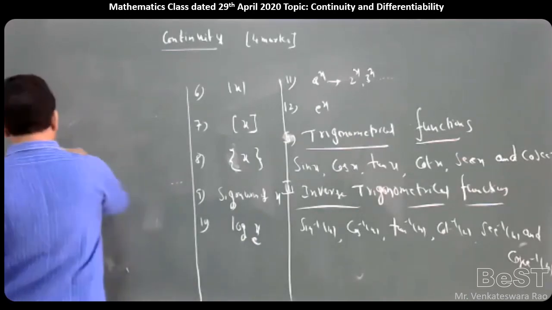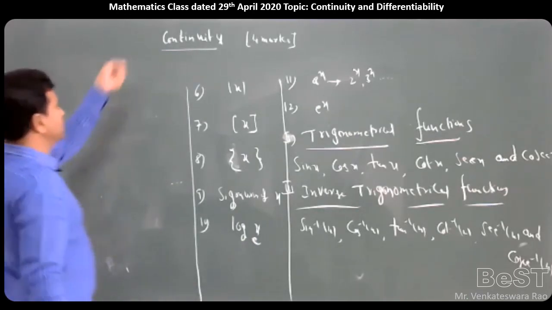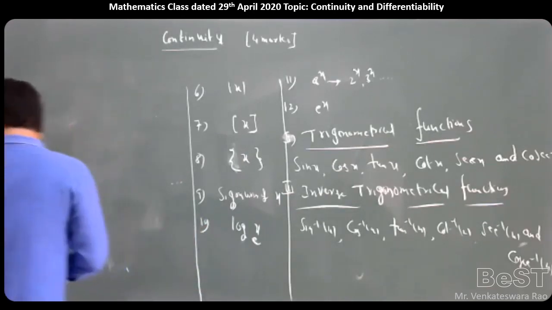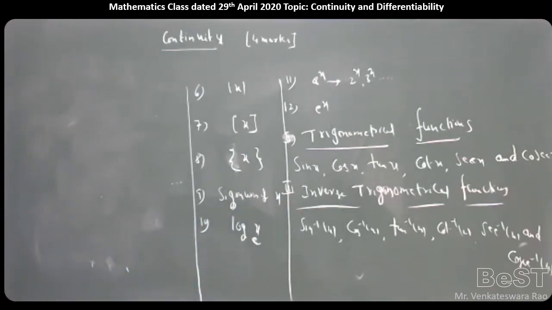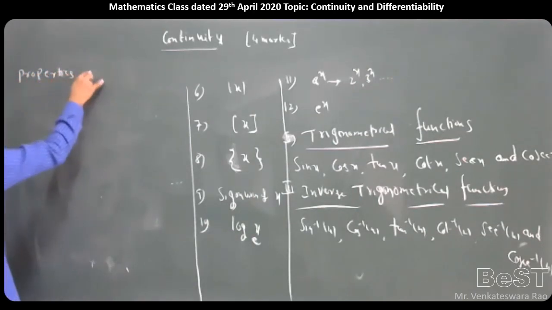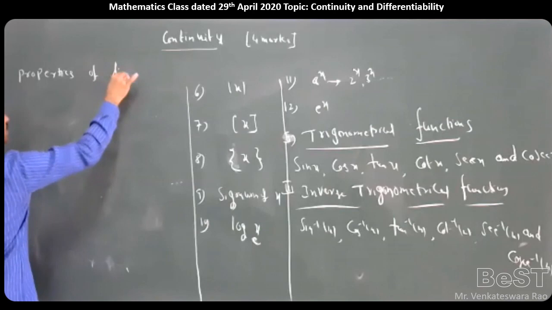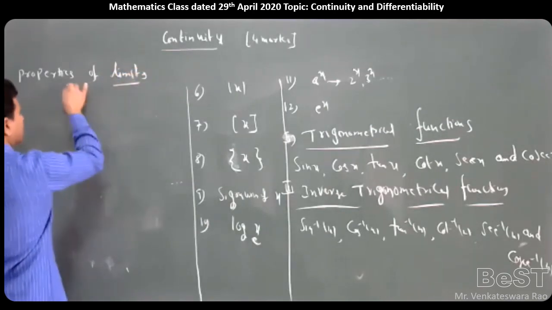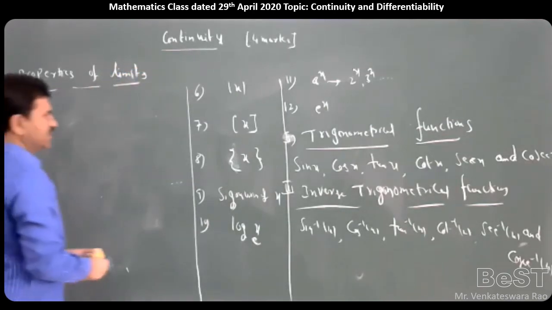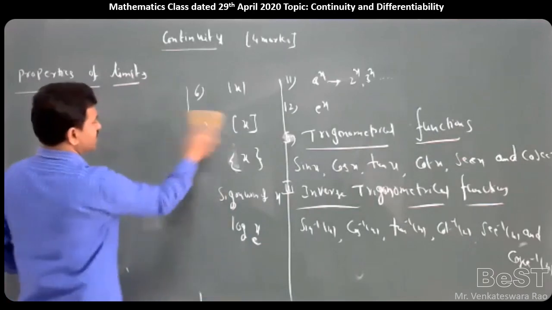So before going to the continuity chapter, we discuss limits, now on properties of the limits. Just remind yourself, what are the properties of limits? We discussed them in first PUC.